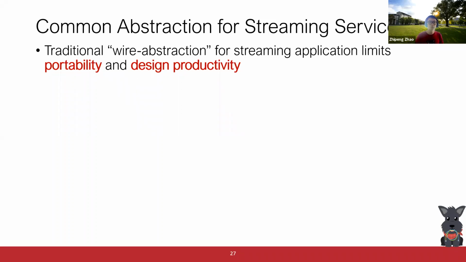By wire abstraction, I'm referring to the case where the streaming modules are explicitly connected together through wires or FIFOs at the RTL level. If you want to change the way they connect, or for instance, scale up particular modules, users have to hand-modify the RTL code, which could be time-consuming and also error-prone.